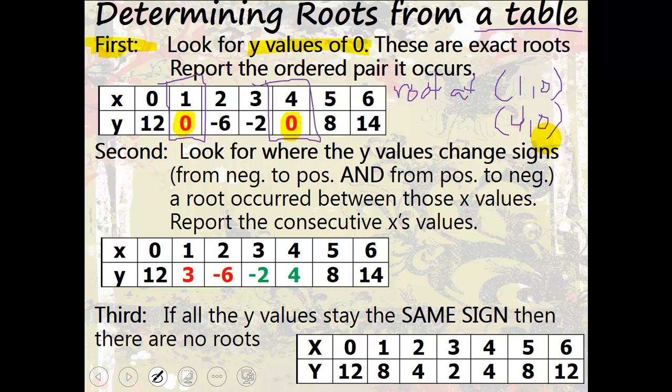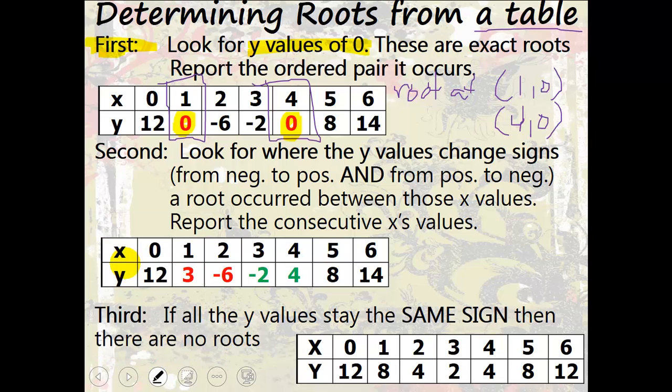The next thing we can have is where it falls between two integers. If you don't see any y values as 0, then start looking at your y values where they change signs. It can go from positive to negative, like we have here.